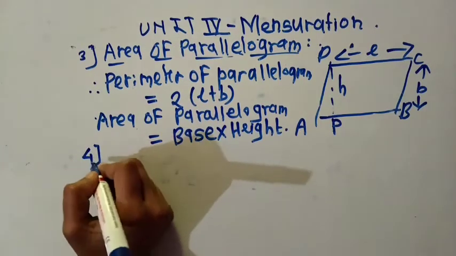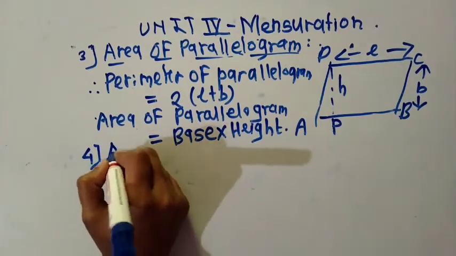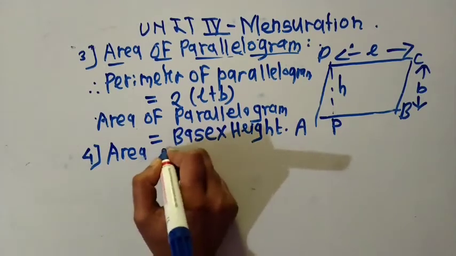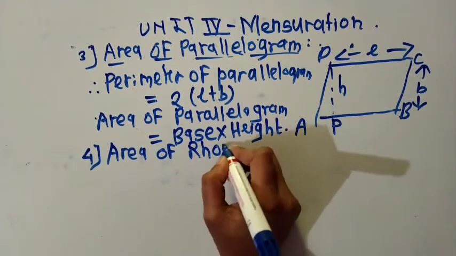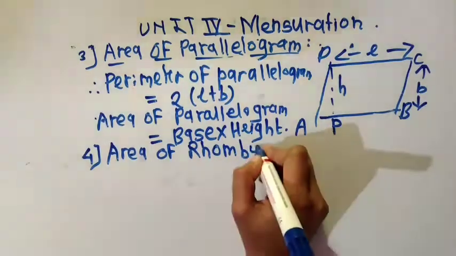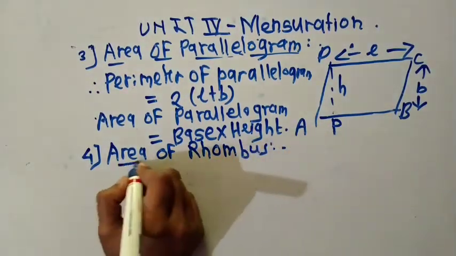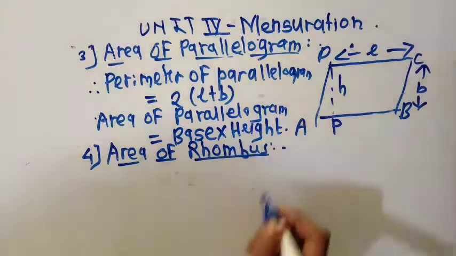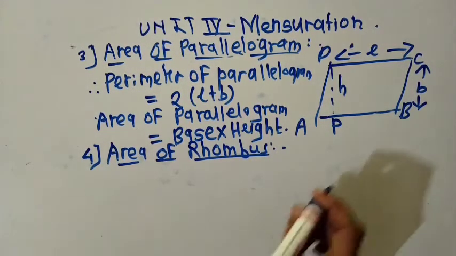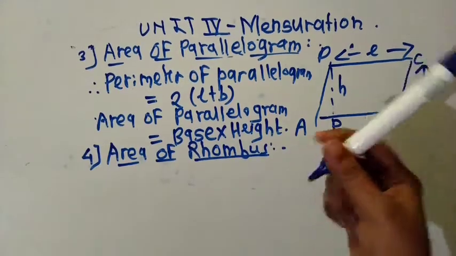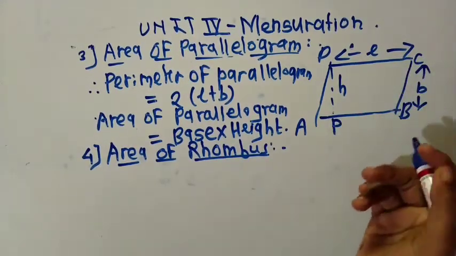Then fourth is area of rhombus. Rhombus looks like a diamond.